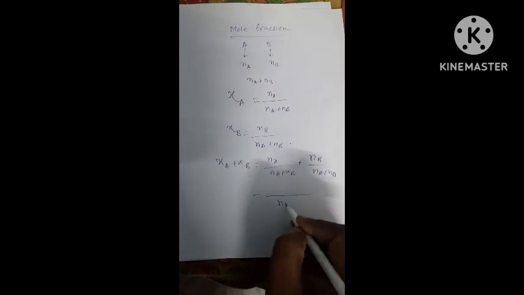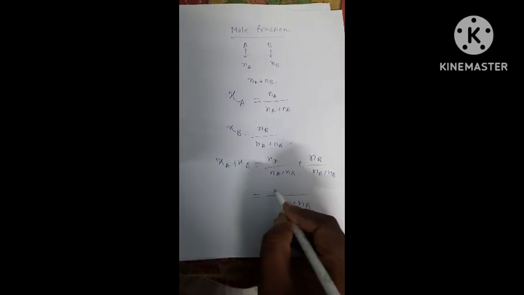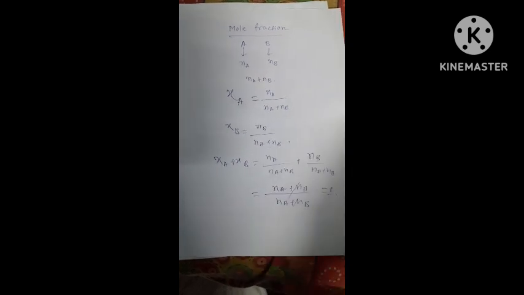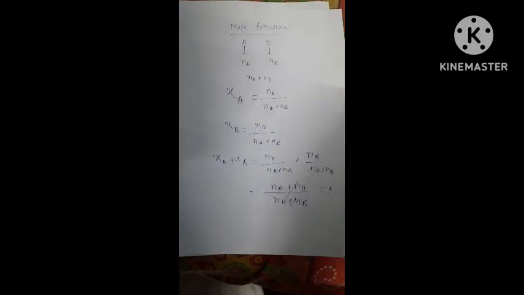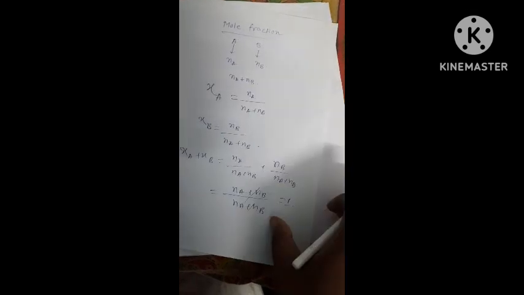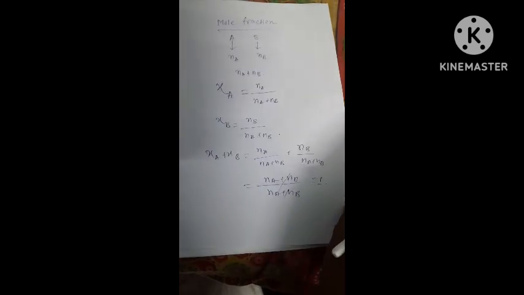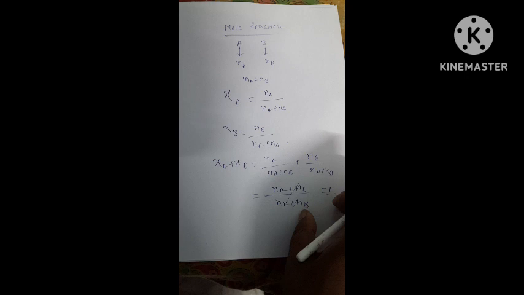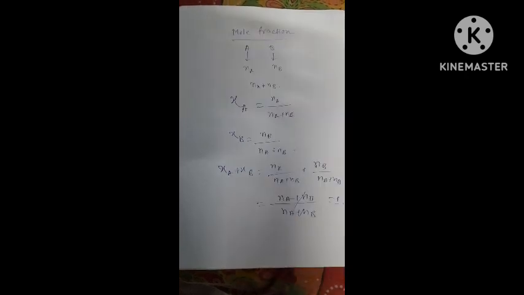Na plus Nb cancels and it will be 1. So we can say that the sum of the mole fractions of each component is always equal to 1. So once again, the mole fraction is the ratio of the number of moles of one component to the total moles present in the solution.